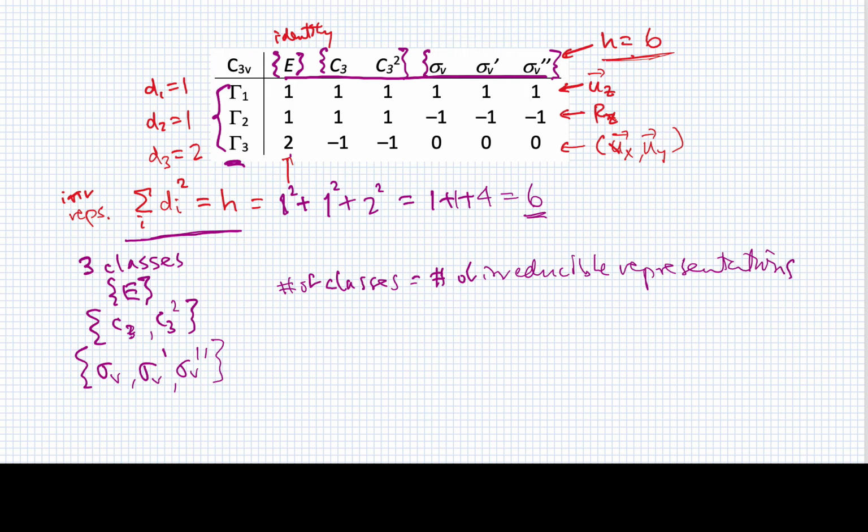And knowing that the order of the point group has to be the sum of the squares of the dimensionality of the representations, however many there may be, gives you a big clue as to what dimensionalities you would have. So if I knew that I only have 3 irreducible representations and that the sums of their squares has to add up to 6, it turns out this is the only way that could happen, if 2 of them were one-dimensional and 1 of them was 2-dimensional. We'll look more at the properties and what you can interpret from a character table in another video.